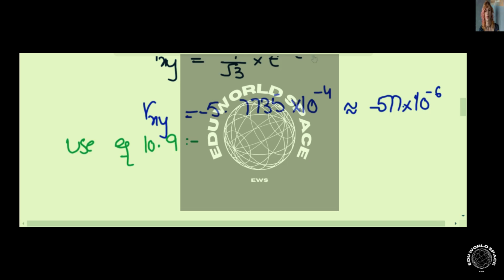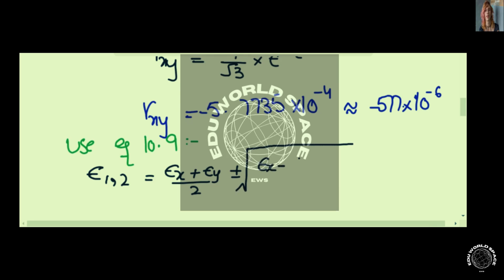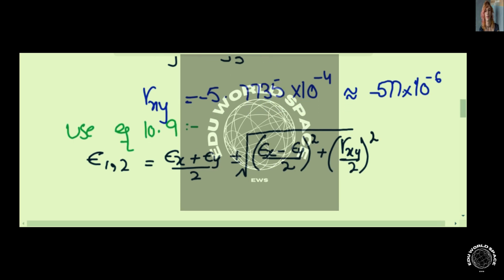So for principal strains, we have the strain in the x direction plus the strain in the y direction divided by 2, plus or minus the square root of the strain in the x direction minus the strain in the y direction divided by 2, whole squared, plus gamma sub xy divided by 2, whole squared.